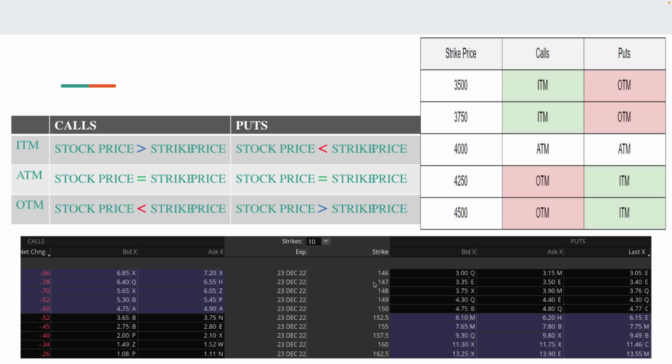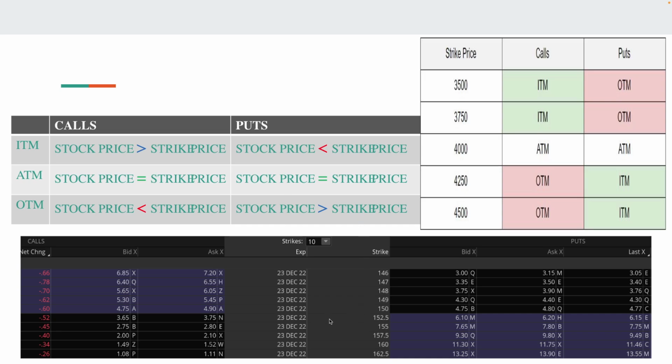And at the moment of the snapshot, the price of the stock was $149.87. And this is Tesla, by the way. Since the stock price is 149.87, the strike of 150 is at the money. Again, at the money means the stock price is equal to the strike price.